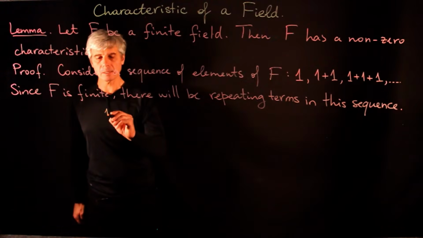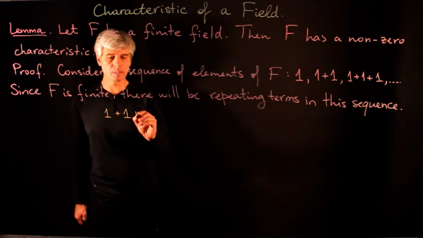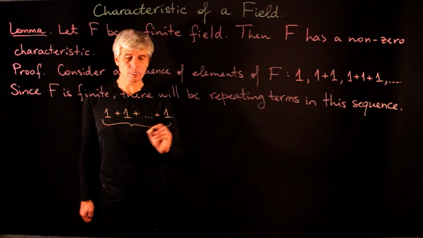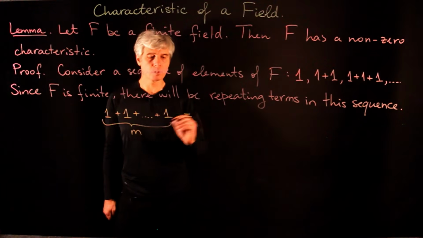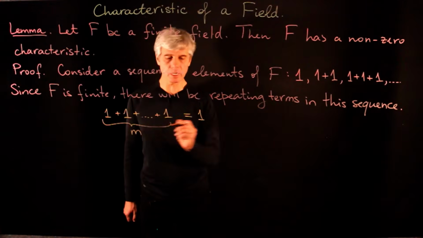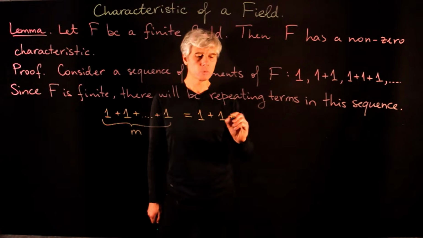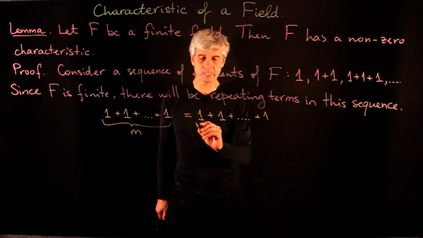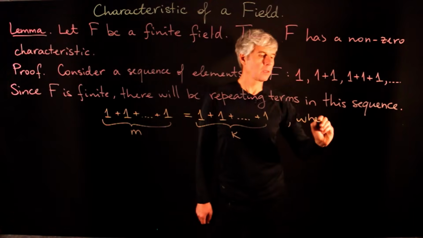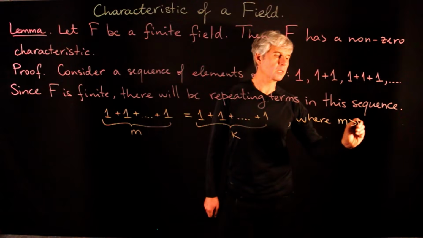So this means that we can find numbers m and k such that the sum of m ones will be equal to a sum of k ones, where m is greater than k.